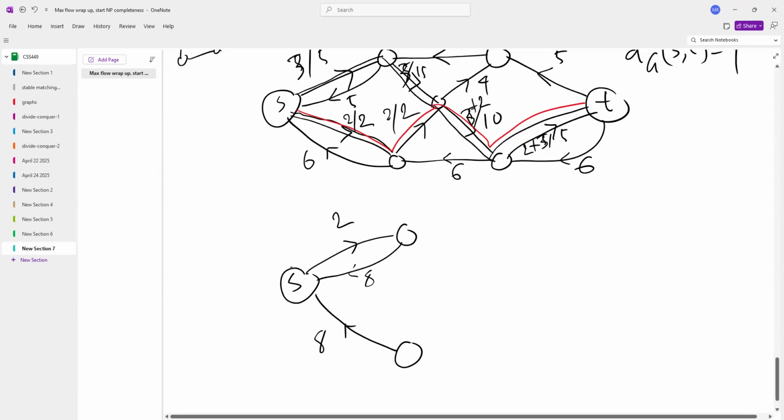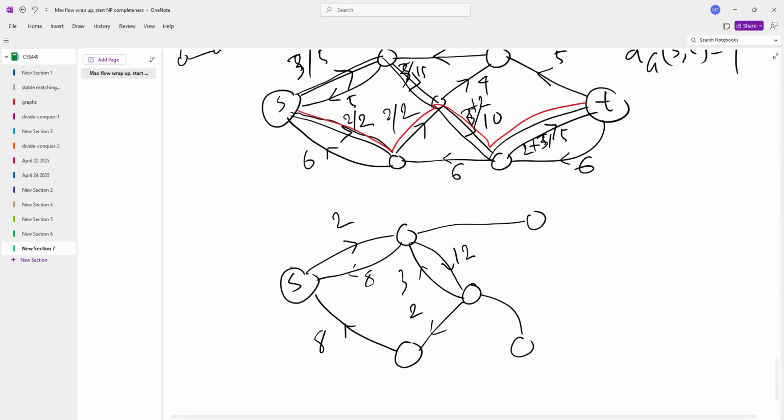Okay, and then this one is staying the same. On this path, going forward we still have 12, and backward we have 3, right? And on this path we just have backward 2 because it's saturated. And then on this path, going forward we have I think 7. 3 plus 2 equal to 5.